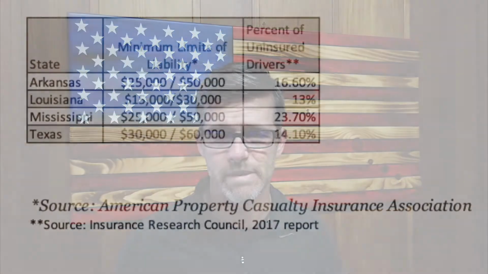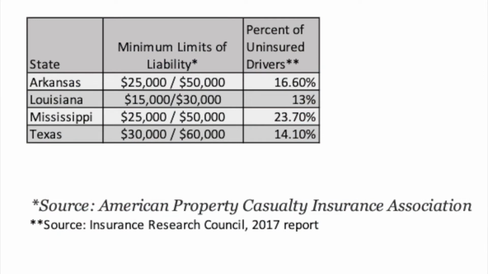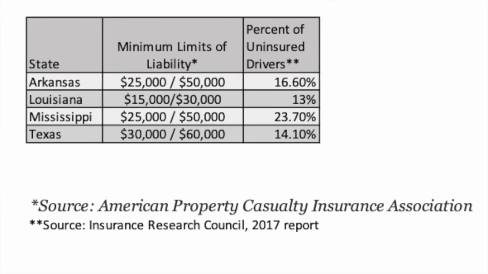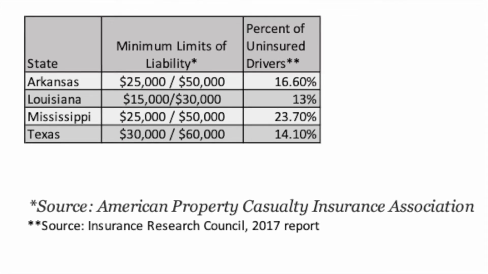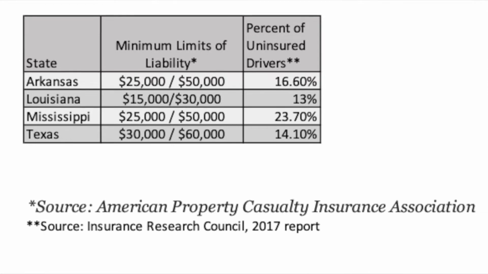Depending on the state that you are in, the states that we write in are Louisiana, Arkansas, Mississippi, and Texas. Let me give you some statistics on those states, what the percentage is of people that do not have insurance. The lowest percentage of uninsured drivers is actually Louisiana at 13%. So that's a little bit more than 1 out of every 10 drivers not having insurance.